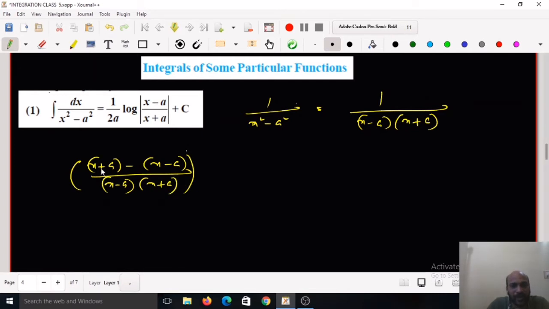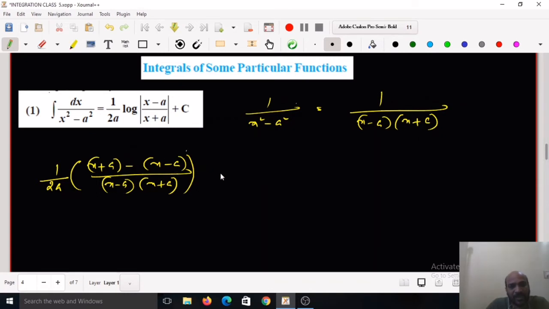So what is the numerator? x gets cancelled, a plus a is 2a, here it is 1. So you have to divide with 1 by 2a. Okay. So 1 by x square minus a square is 1 by 2a into x plus a minus x minus a by x minus a into x plus a.